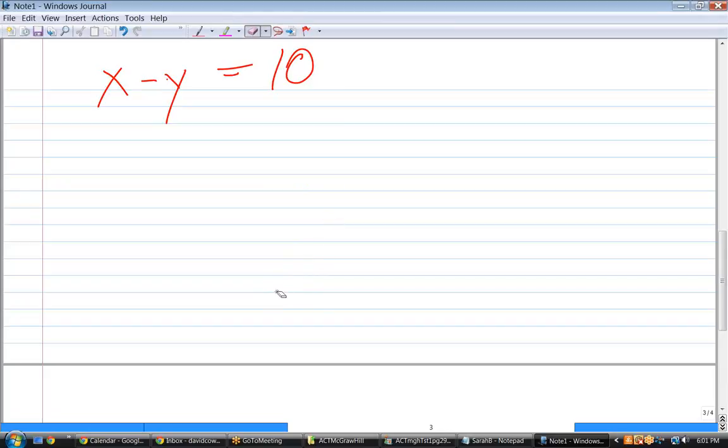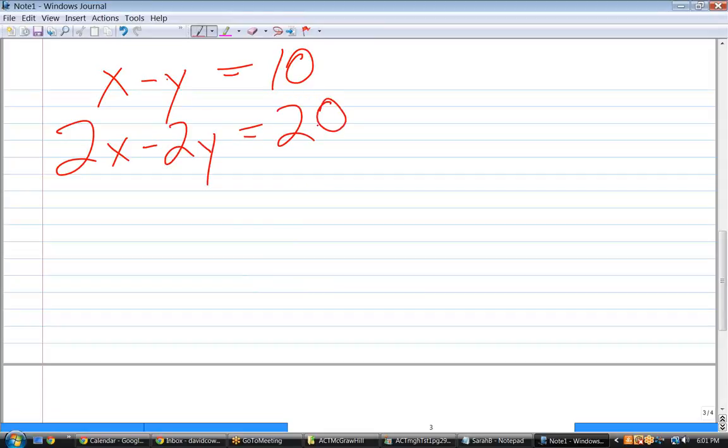What if I give a second equation like that? Now how many solutions are there to those 2 equations? 1 or infinitely many? Exactly.